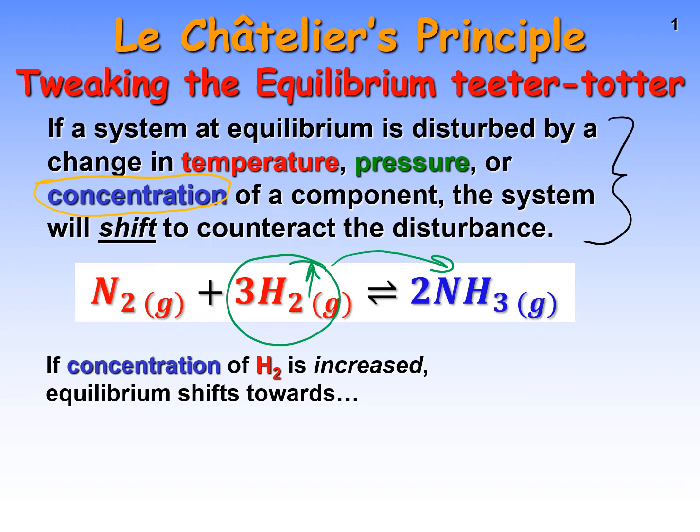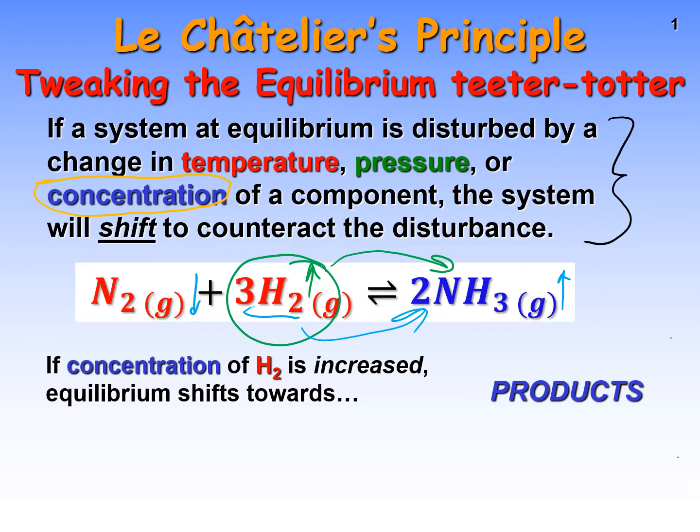By shifting towards the products, i.e. making more products, the concentration of our reactants will start to come back down and the concentration of my products will go up, and we'll eventually get back to equilibrium, counteracting the increase in concentration of H2 that I added. In other words, the equilibrium, when I increase the concentration of H2 in this scenario, is going to shift towards the product side.